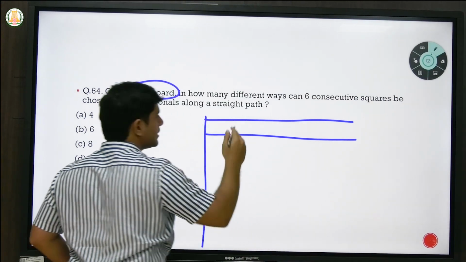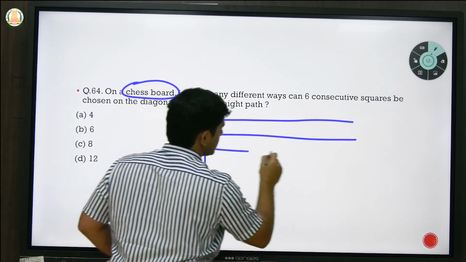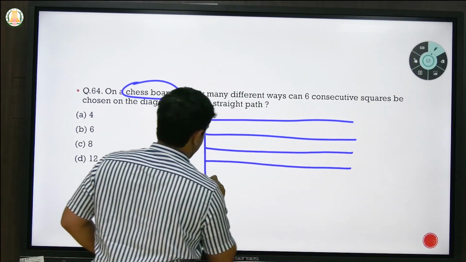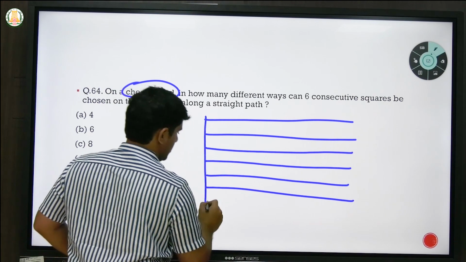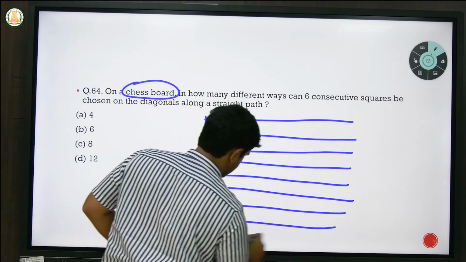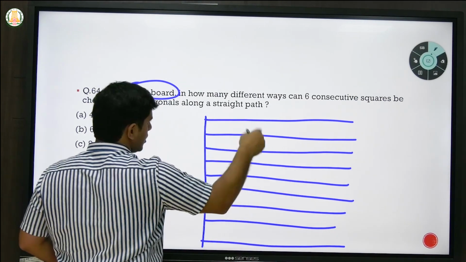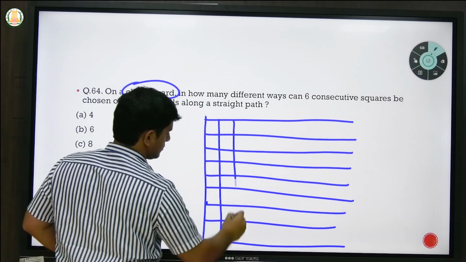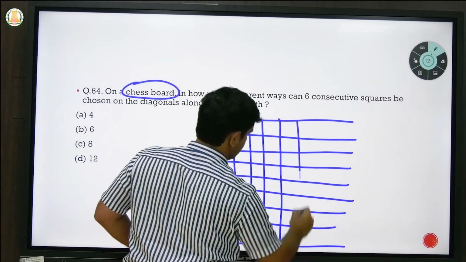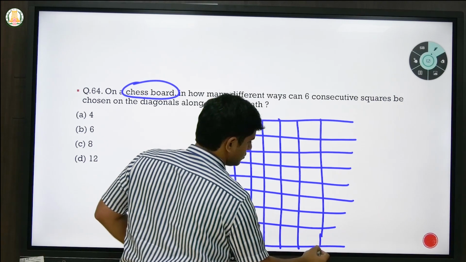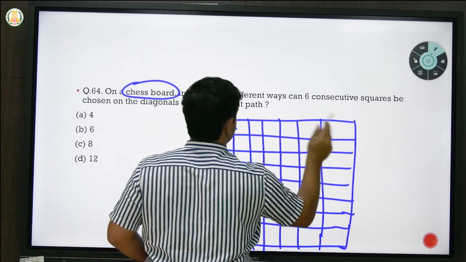So everyone knows that a chessboard is an 8x8 square. There will be 64 squares, 8 like this and 8 like this. So 8 rows. Now we'll draw 8 columns. Okay.